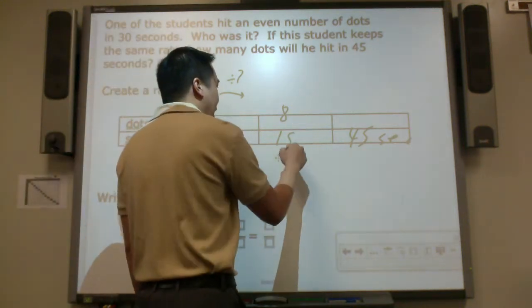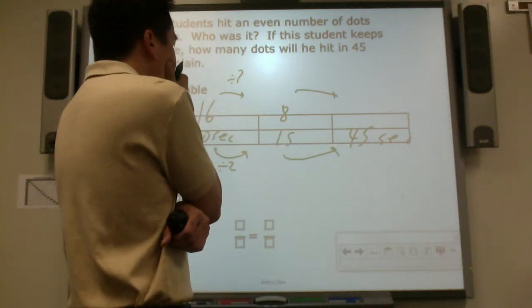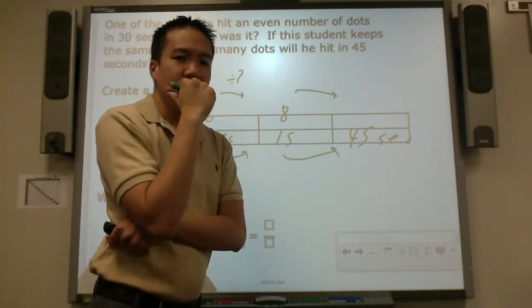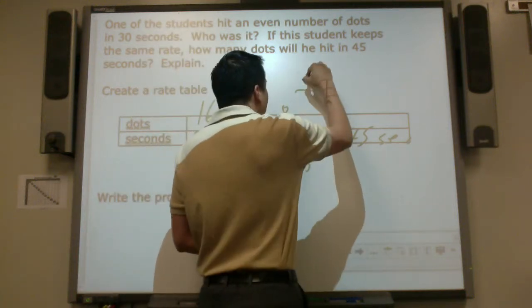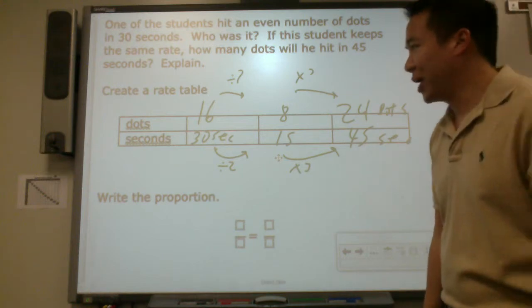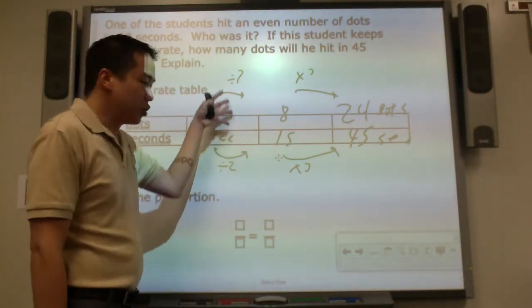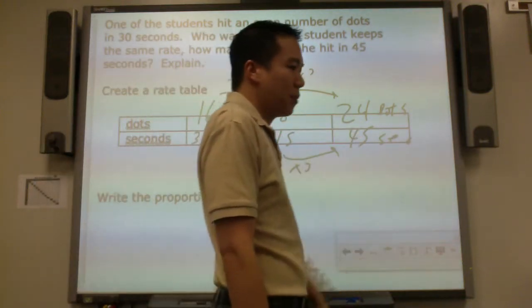And then I need to scale it forward. How many 15s go to 45? By 3, and I get 24 dots in 45 seconds. So what I did is I scaled it backward by dividing by 2, then I scaled it forward by multiplying by 3.